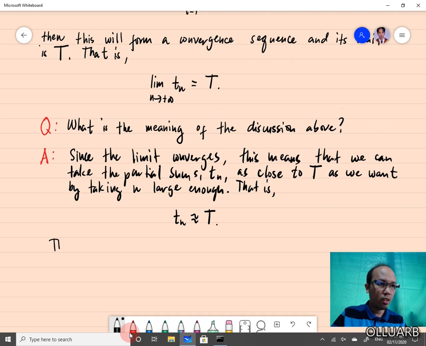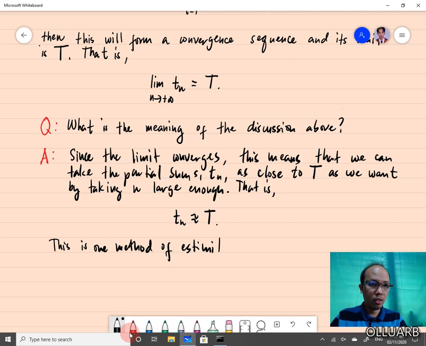So what we are going to do is just look at the sequence of partial sums.